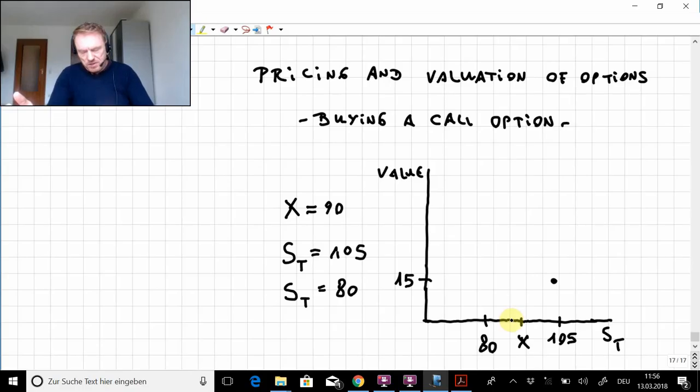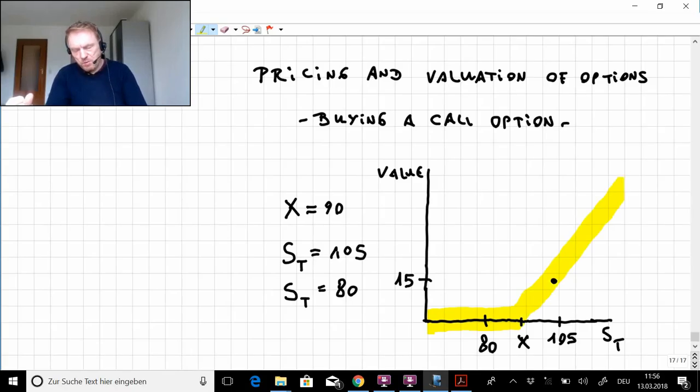So this means that if the share price is strictly inferior to X, the exercise price, the buyer of the call option does not do anything. He or she only does something if it is superior to the exercise price, meaning this.